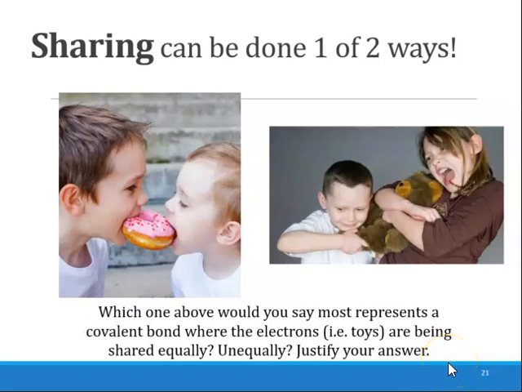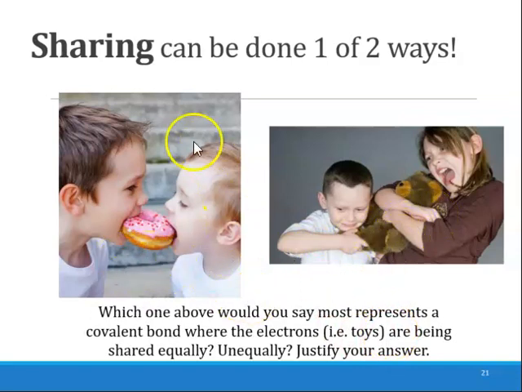Now, sharing in covalent bonds can be done one of 2 ways. Which one of these 2 pictures would you say represents a covalent bond where electrons are being shared equally or unequally? Here we see two cute little boys sharing a donut, whereas here we see typical siblings pushing and pulling a stuffed animal.